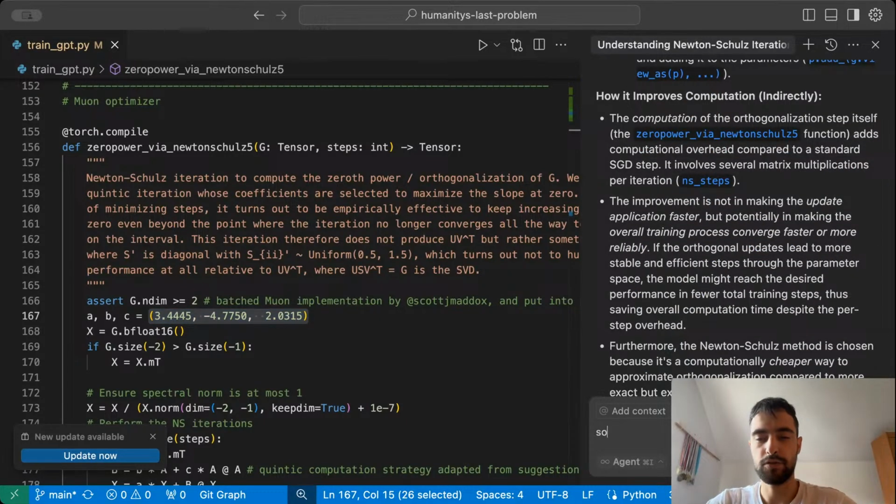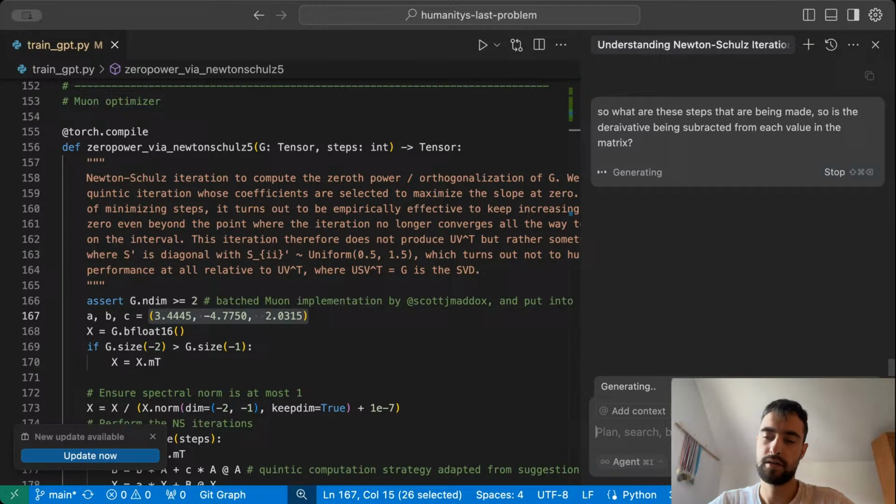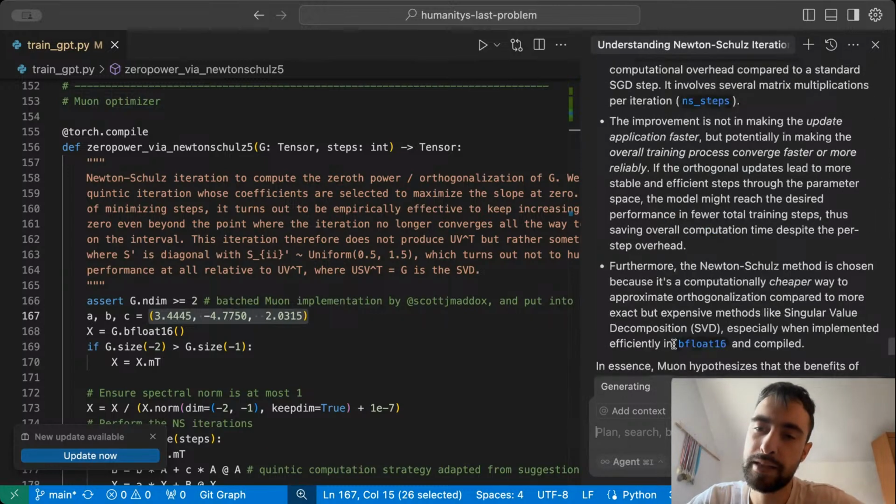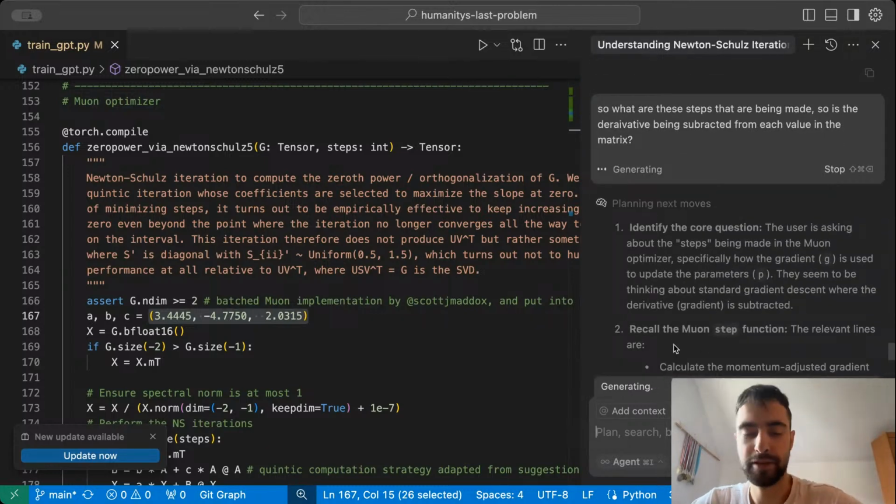Maybe I can ask. So what are these steps that are being made? So is the derivative being subtracted from each value in the matrix? And I guess let's wait for this just a few seconds.